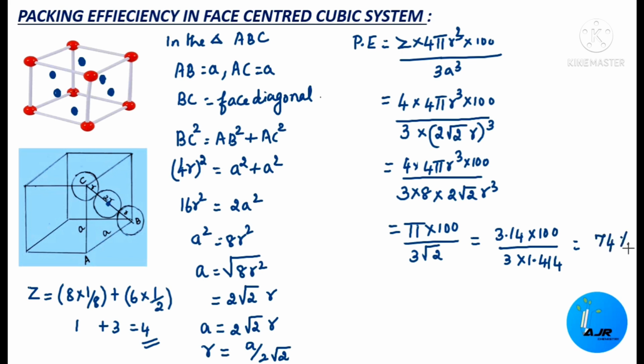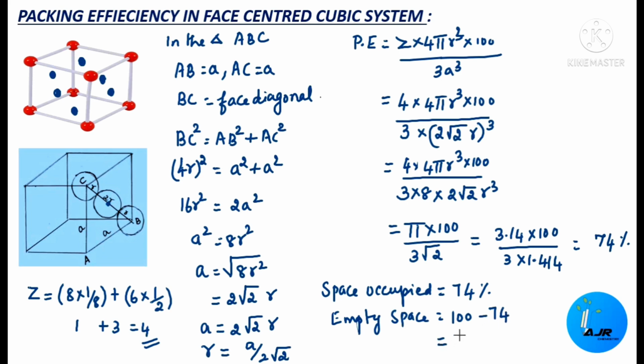74 percentage. So the percentage of space occupied will be 74 percentage. What could be the empty space percentage? Empty space is equal to 100 minus 74, that's equal to 26 percentage.